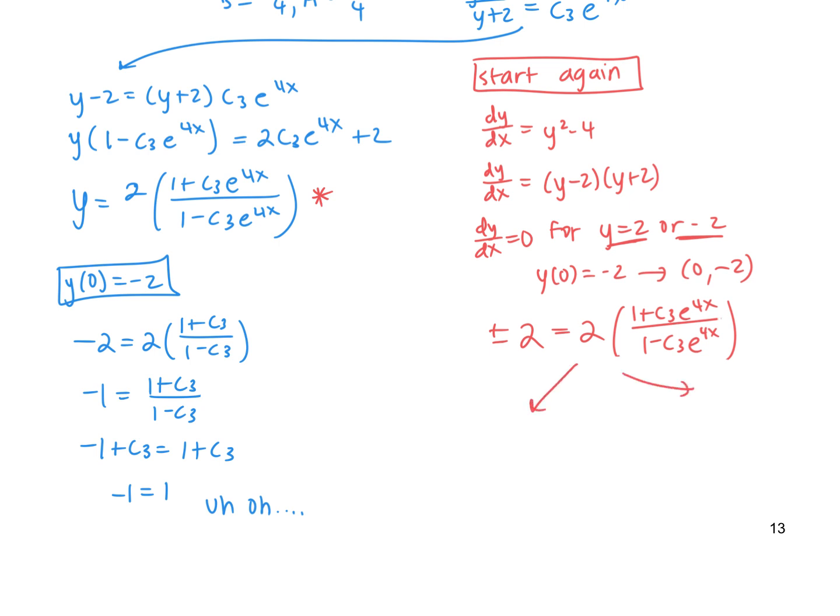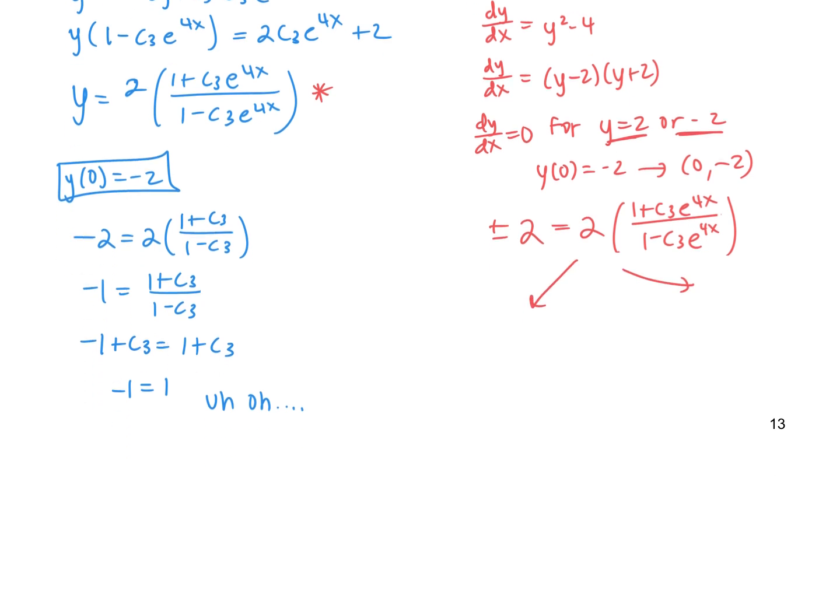And this is what we need to solve. So what we end up with then is 1 equals 1 add c3e to the 4x over 1 subtract c3e to the 4x.